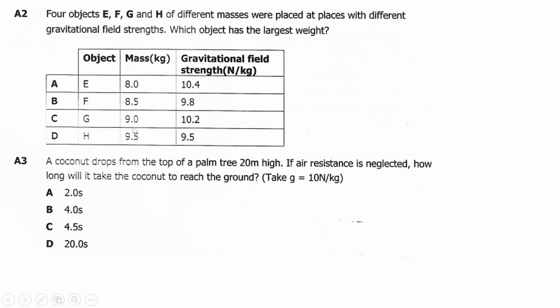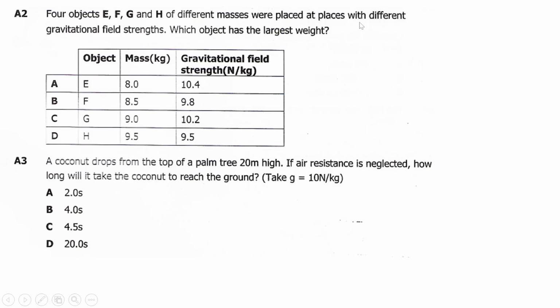This one 8.0, this one 8.5, this one 9.0, this one 9.5, and these were placed at different places with different gravitational field strengths. So this one was placed at 10.4, this one at 9.8, this one at 10.2, this one at 9.5. So as they placed them like that, they are asking which object has the largest weight. So the object with the largest weight must be found.